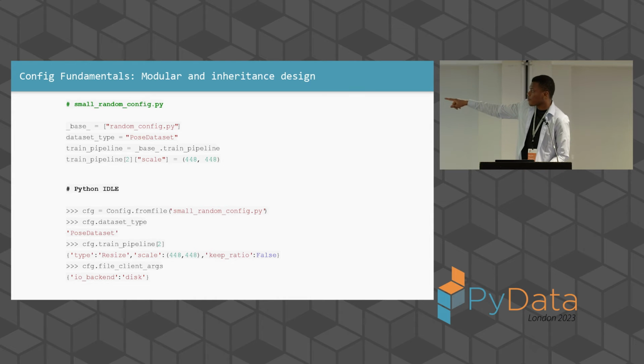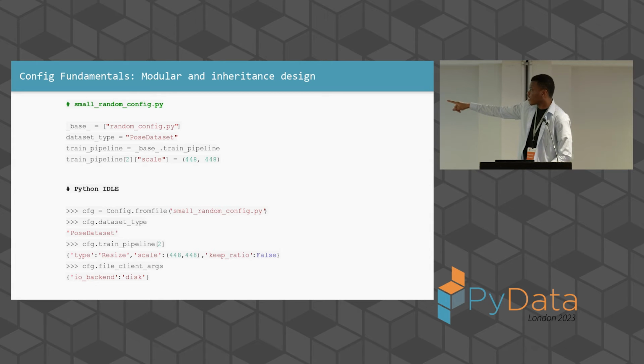For the dataset type, now it's going to be changed. So it takes all the variables you've defined from the random config.py file, and then whenever you define them here, it just modifies those variables to use for your use case.